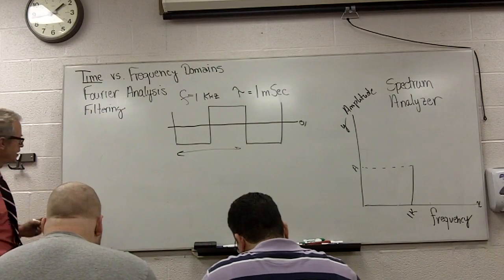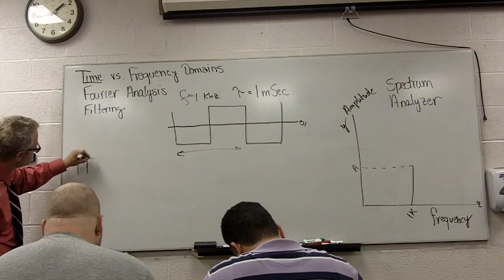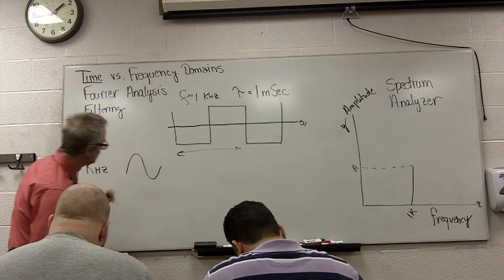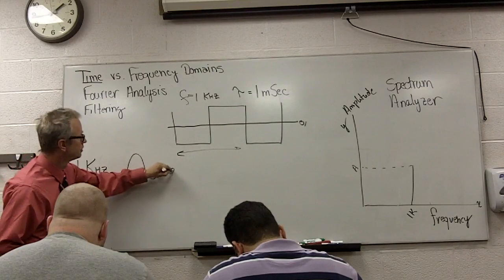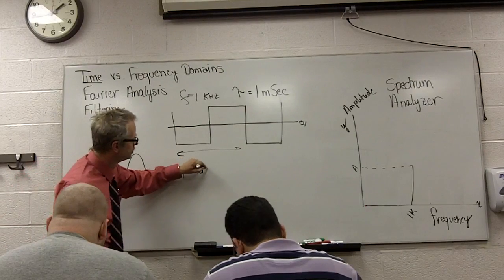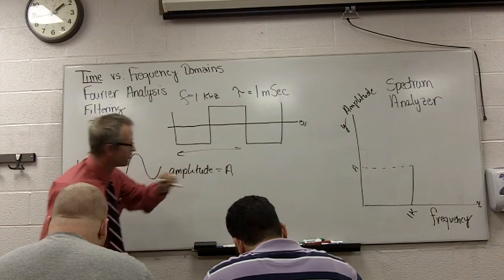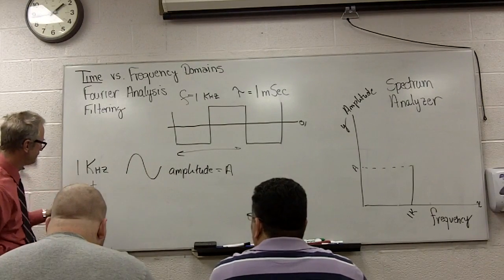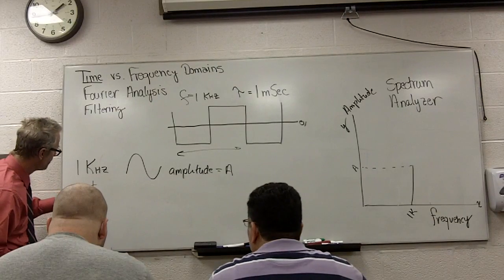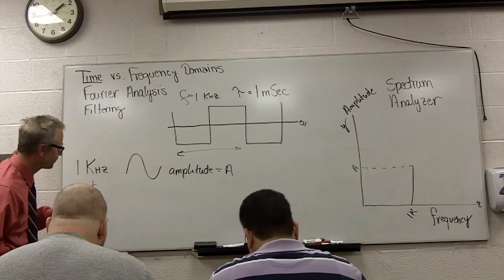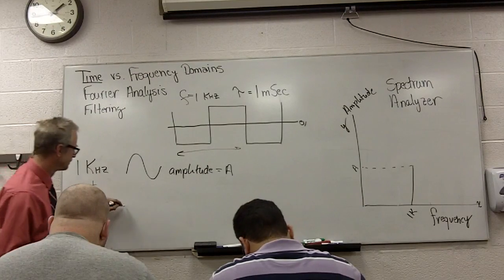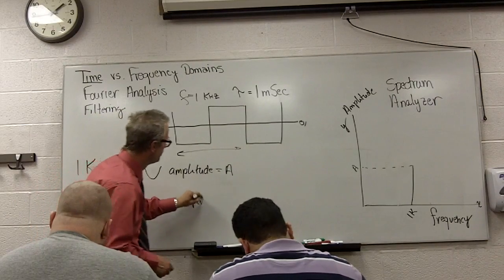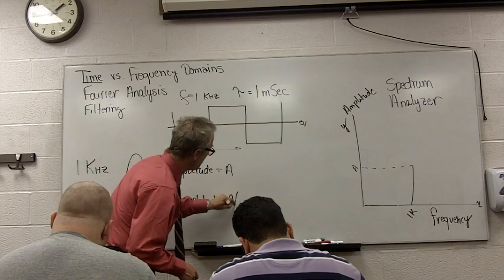What we're going to do is take a 1 kilohertz sine wave with an amplitude equal to A. We're going to add to that a 3 kilohertz sine wave with an amplitude of A divided by 3.